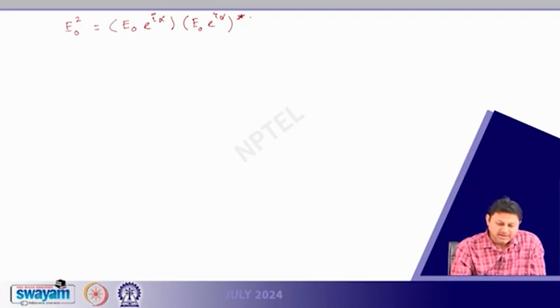So in that way the e to the power i alpha and e to the power minus i alpha, these two phase terms will cancel out, and essentially I'm going to get E0 square.